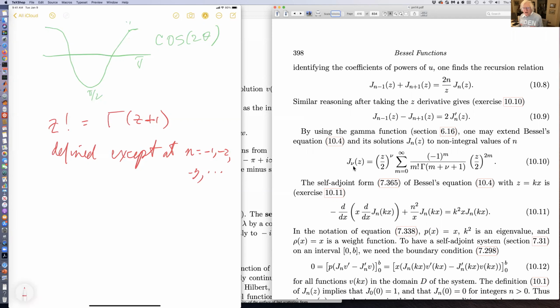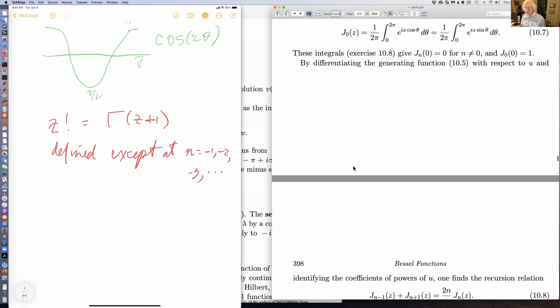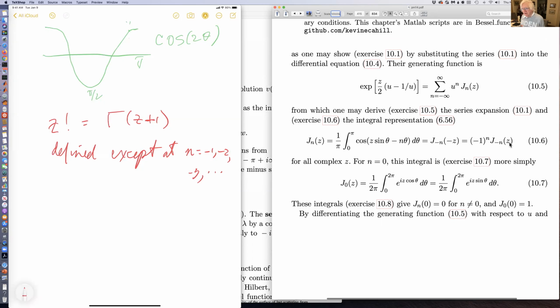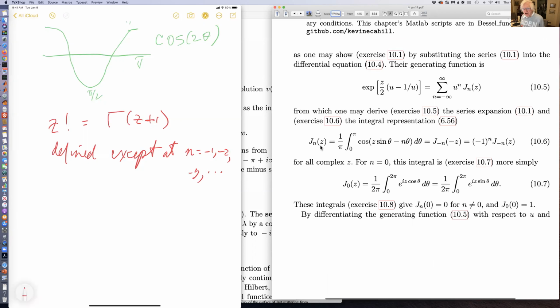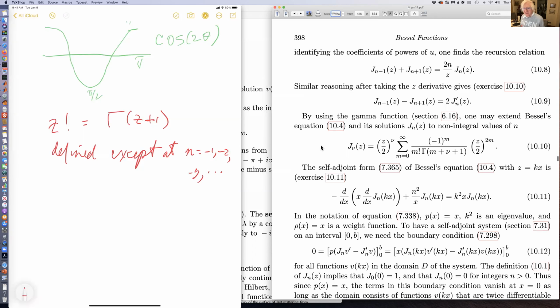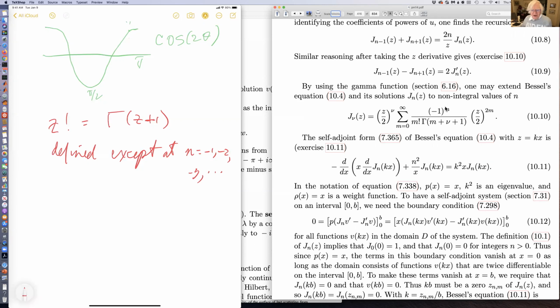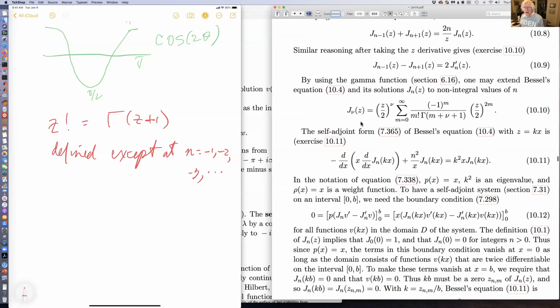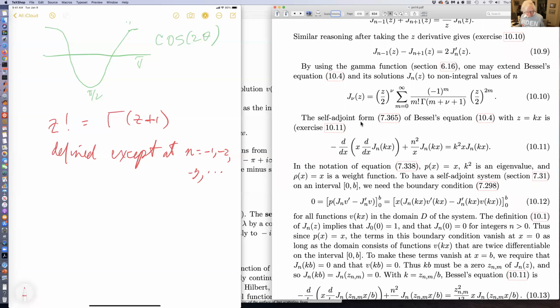So J sub nu is defined when nu is a negative integer also, because we just defined it this way: J of minus n of z is just minus 1 to the n J n of z. So it's still defined. Anyway, these things are defined everywhere. They're in fact entire functions of z, and I think we've seen now they're defined for all nu.